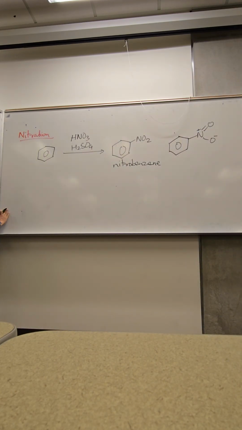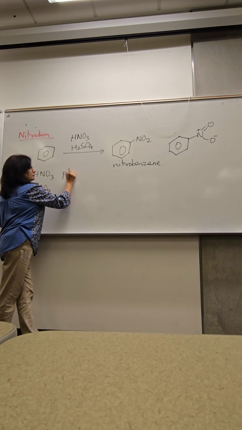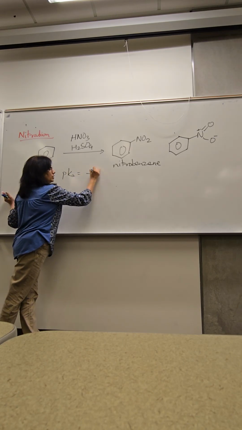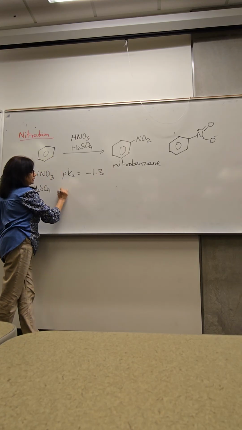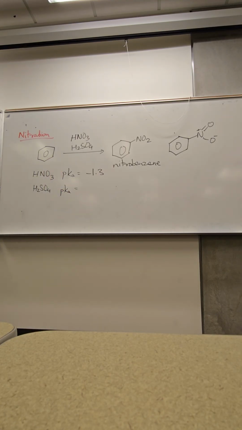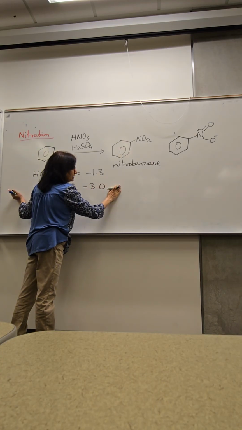Can someone tell me the pKa of nitric acid and the pKa of sulfuric acid? Nitric acid is negative 1.3, and sulfuric is negative 3.0, something around that.